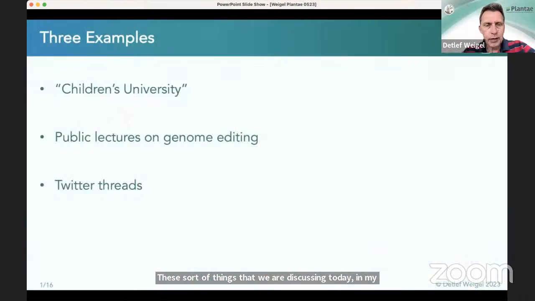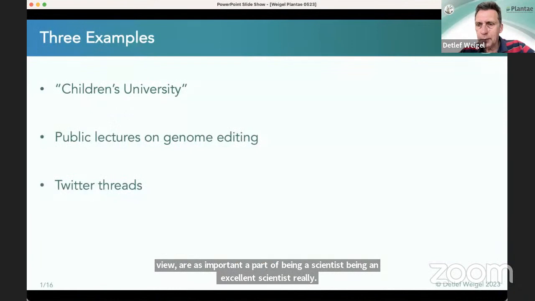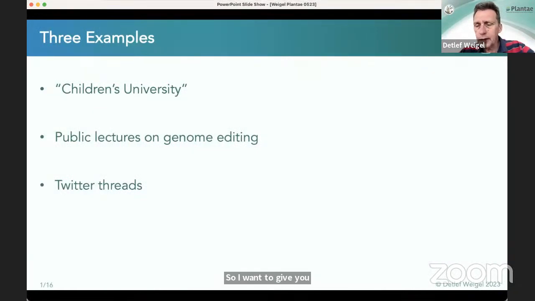So I want to give you 3 examples where producing easily digestible and simple to understand research outputs have been important in what I do myself. We go from far away from the lab towards getting closer to the lab with these 3 examples.